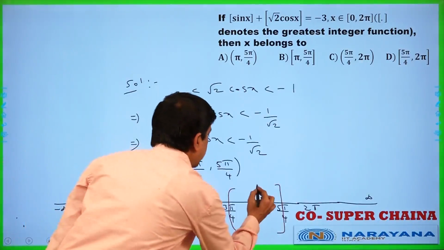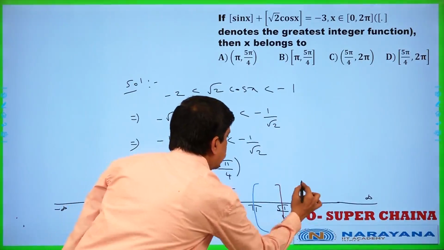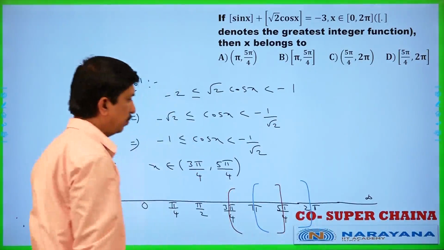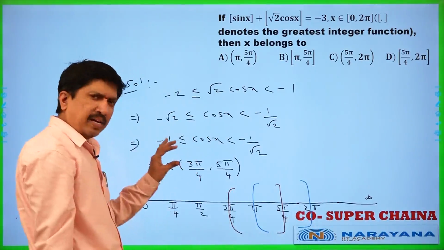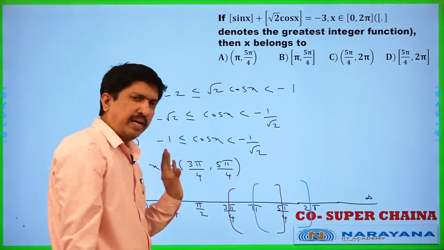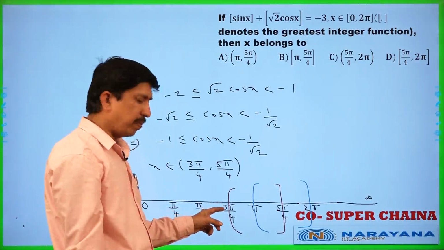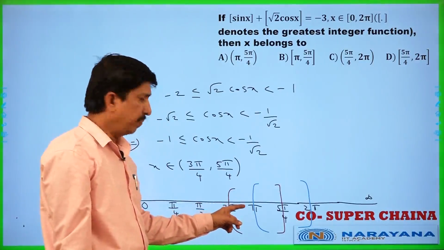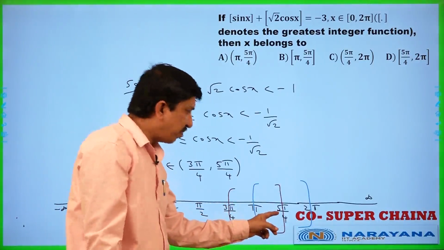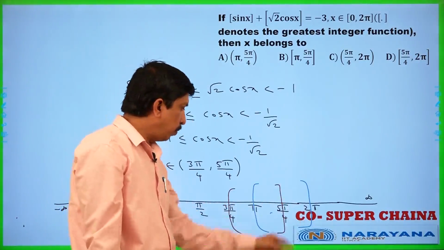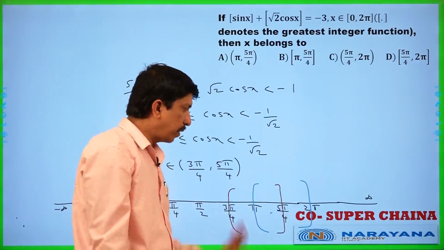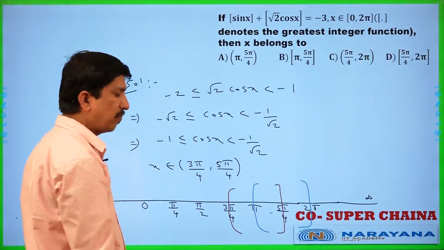Where is pi? This is pi, this is 2 pi. Now you observe that one. The red line and blue line, the common area we are going to pick up. Red starts here at 3 pi by 4, blue starts here at pi. Now red ends at 5 pi by 4 and blue ends at 2 pi only. Now we will pick up those values only.